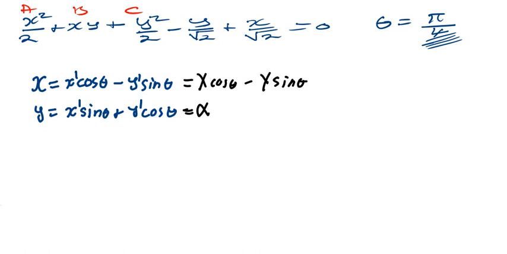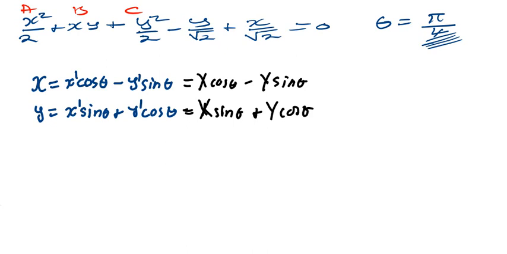For y it is capital X sine theta plus capital Y cos theta. These and those are one and the same thing. Whichever you use, you're still going to come up with the same thing.